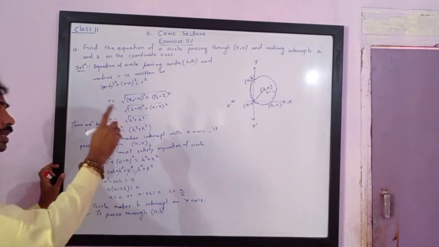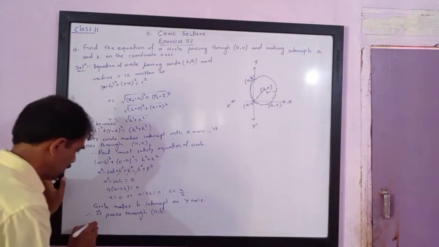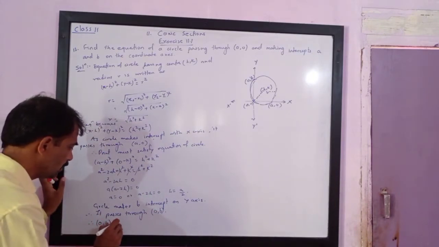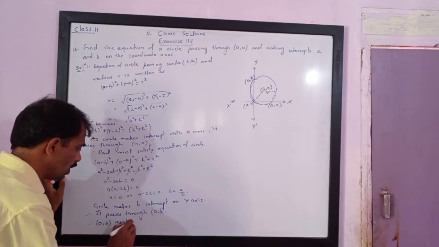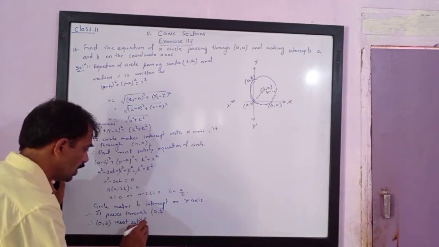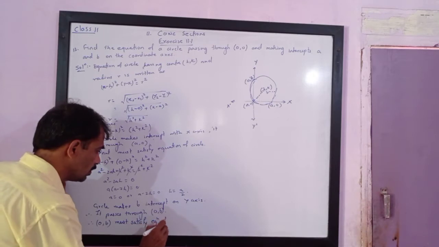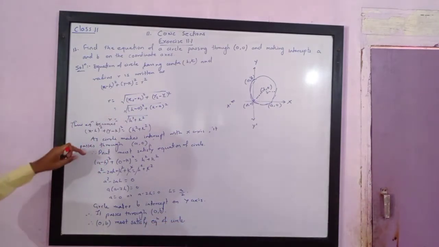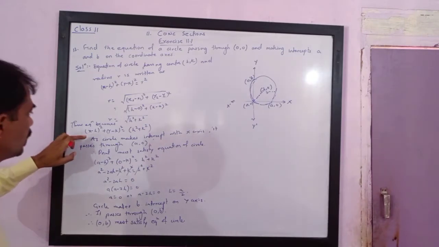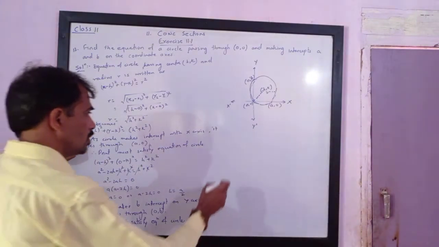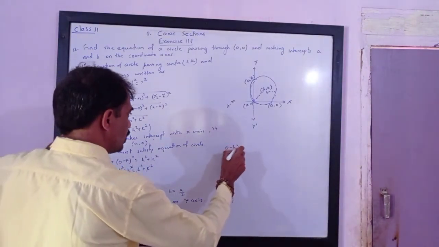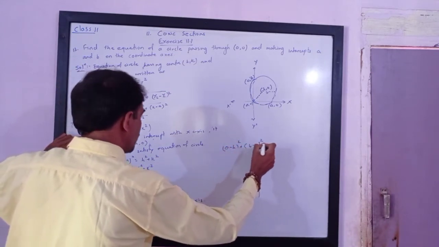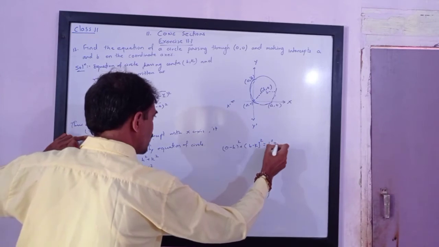Now, if it passes through (0, b), it must satisfy the equation of circle. Therefore, the equation of circle becomes (0 minus h) whole square plus (b minus k) whole square is equal to h square plus k square.